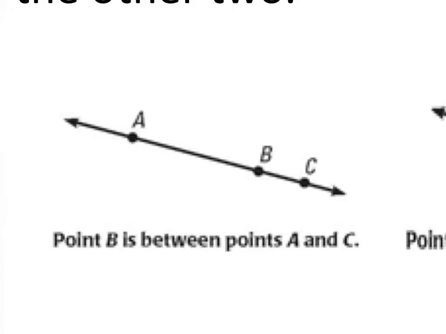It is not okay to say that B is in the middle of A and C. Why is that different than saying it's between? Hold that thought. So tell me why it's not okay to say it's in the middle. Because it's not exactly in the middle, it's just in between the 2 points. There's nothing that says that's exactly halfway between there. We're not saying that. It's between them.